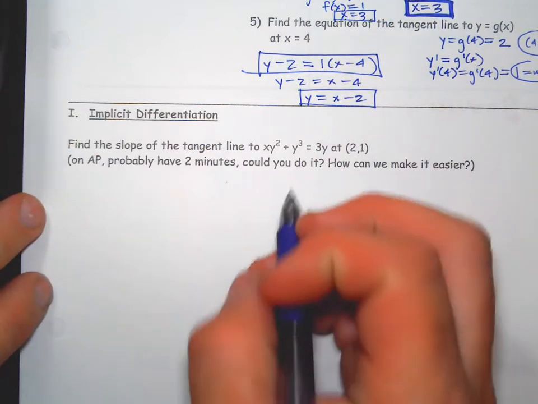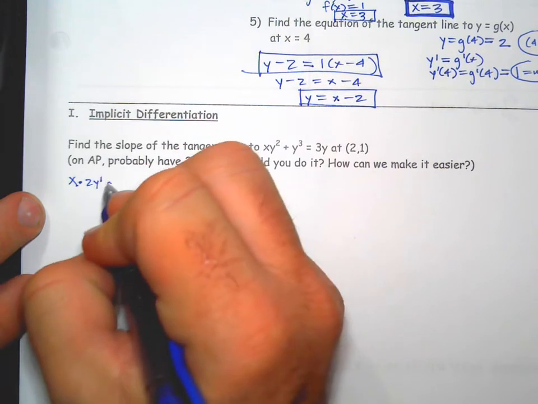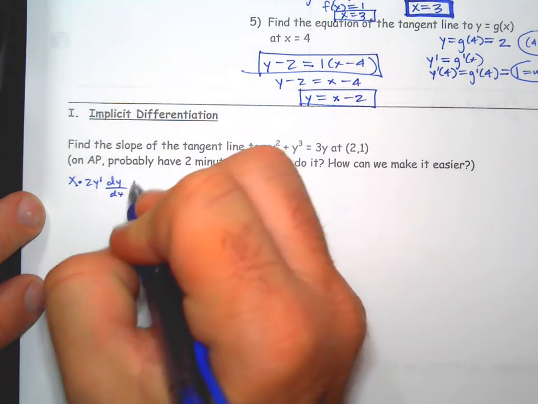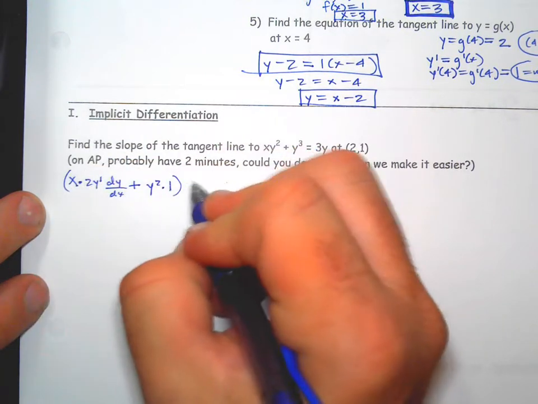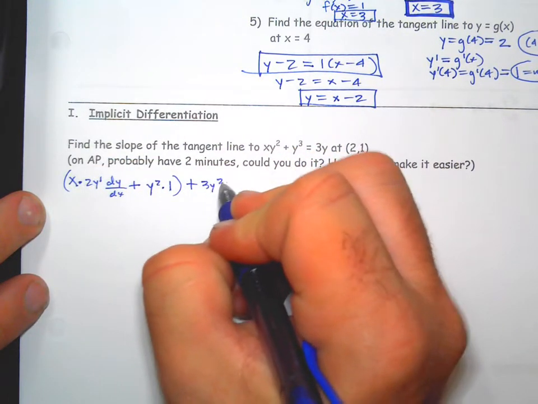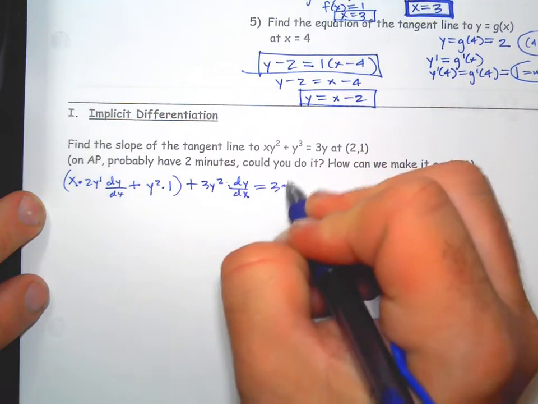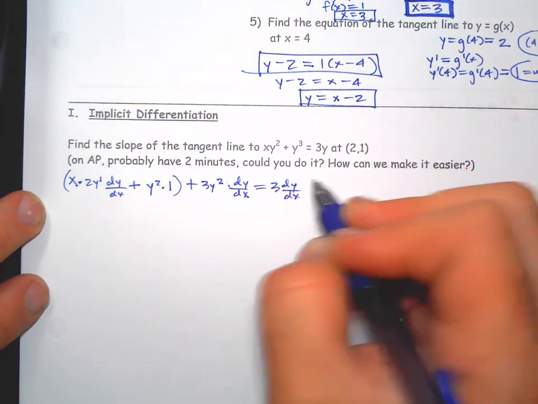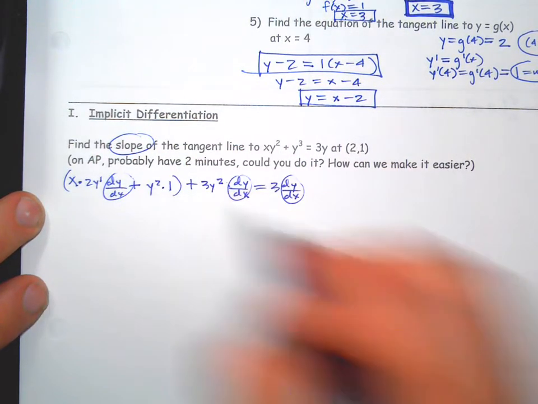We could do x times 2y dy/dx first, plus y squared times the derivative of x, which is 1, plus 3y squared dy/dx equals 3 dy/dx. Now we're looking for the slope of the tangent line, so just the slope, which is dy/dx, which is all over the place here.